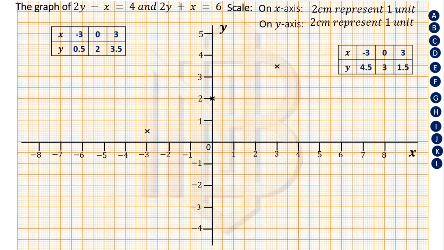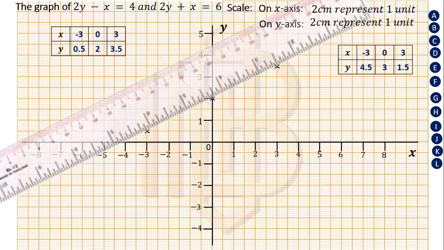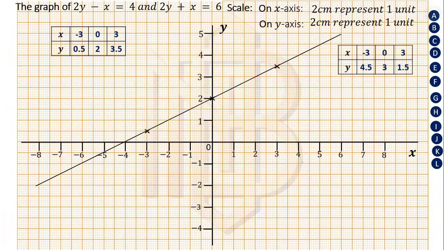Once you have done that, you use your ruler to join the points. Once you bring your ruler in, then you draw the line. You join the line. You have the line for the first graph.